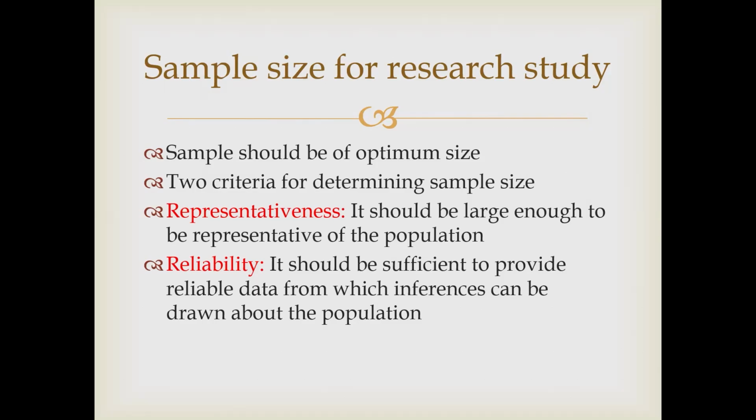We are interested in the population. We want to know the population's value, which can be estimated from the sample value. So the sample value should be reliable. So the size of the sample should be sufficient to provide reliable data from which inferences can be made. That is called statistical inference.